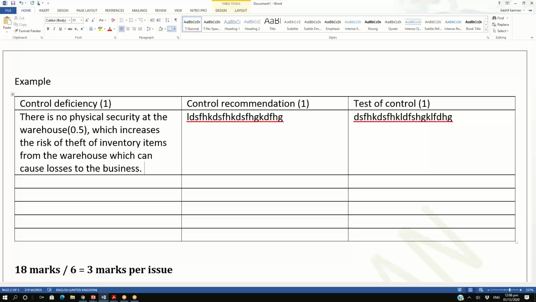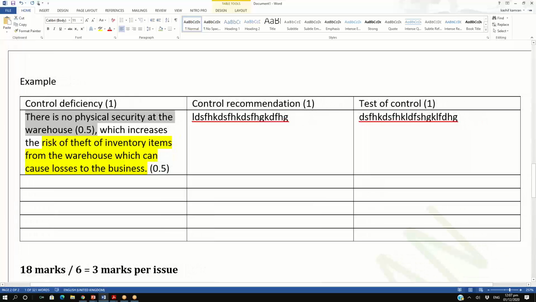So there is no physical security, but the examiner is more interested to know why it is a weakness. It is a weakness because it increases the risk of theft of inventory items from the warehouse, which can cause losses. So the moment you write this, you are taking your next 0.5 marks. Once you wrote the deficiency, you are taking your 0.5 marks for identifying, and you're taking another 0.5 marks for explaining why it is a deficiency.